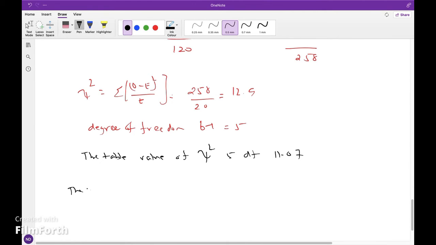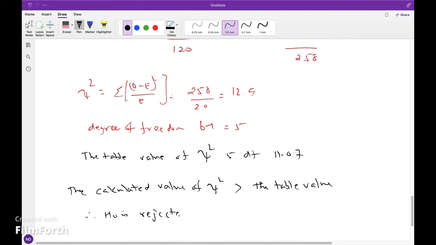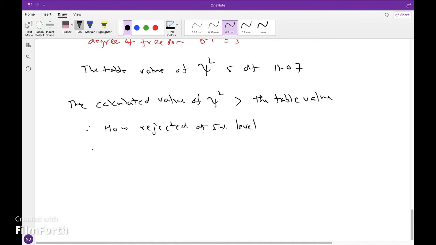Conclusion: the calculated value of chi squared is greater than the table value. Therefore, H0 is rejected at the 5% level. Hence, the die can be regarded as biased.